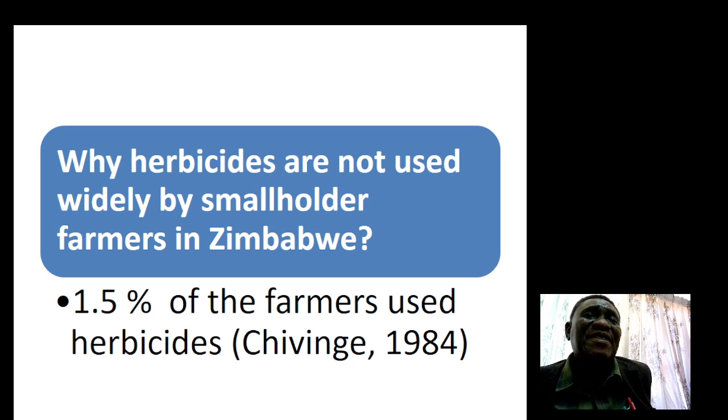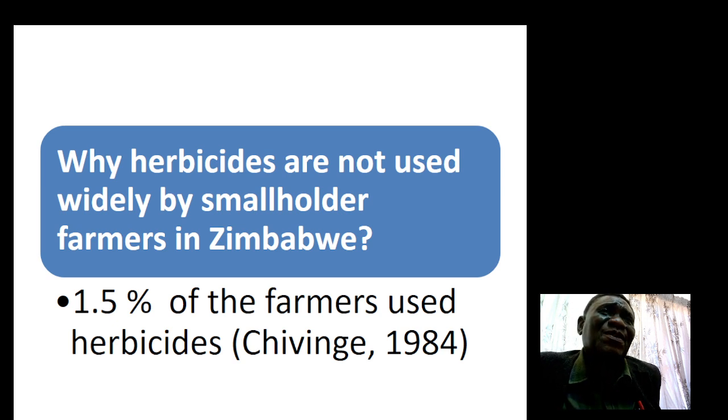Now, although herbicides have been available, you find that few farmers, especially under smallholder agriculture, use these herbicides. The question is why herbicides are not used widely by smallholder farmers in Zimbabwe.